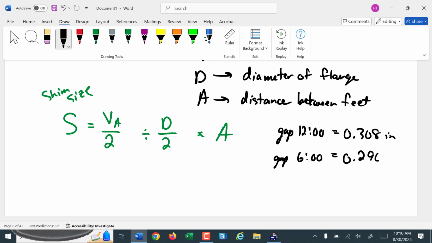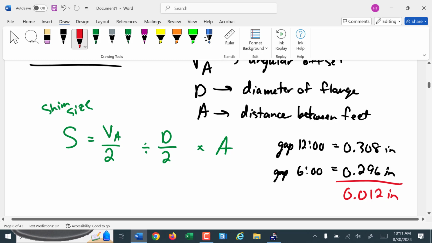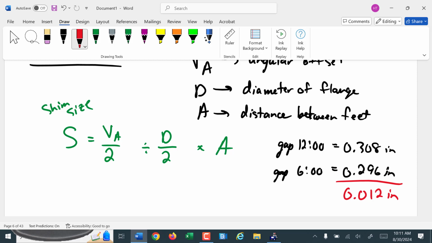So if I have a gap at 12 o'clock of 0.308 inches, a gap at 6 o'clock of 0.296 inches. First, what is my vertical angular offset going to be? 0.012, 12 thousandths, perfect.